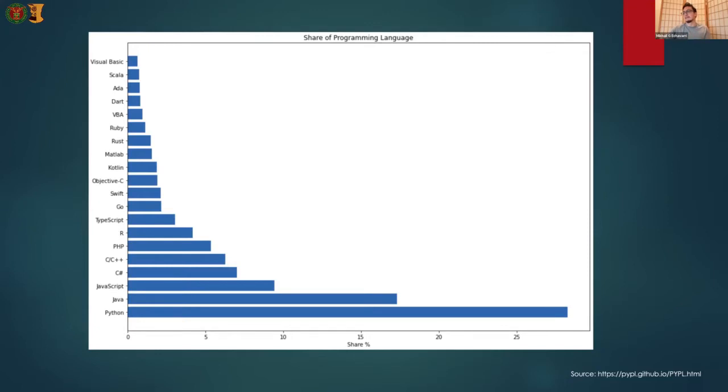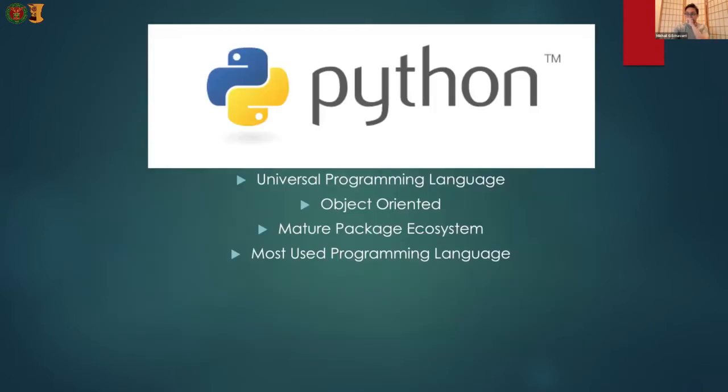And Python has grown by far to be over a quarter of those searches. So super popular. So again, universal programming language, very popular. It's easy to learn, in my opinion, and it's super customizable for what you need to do.